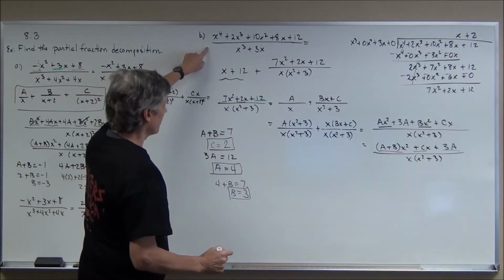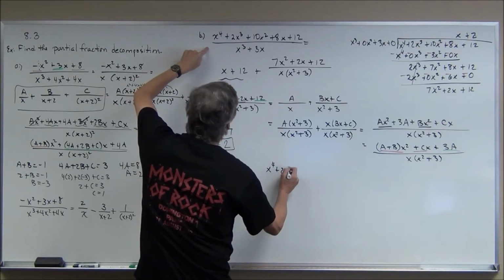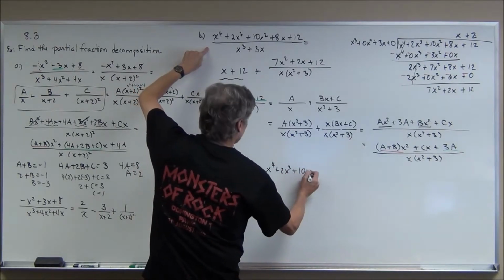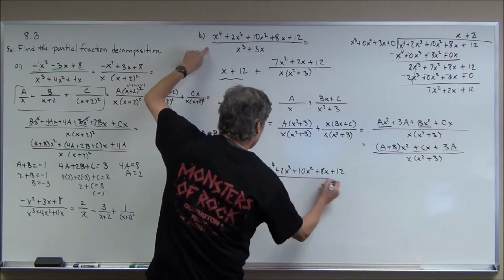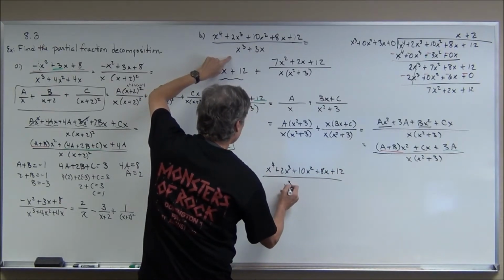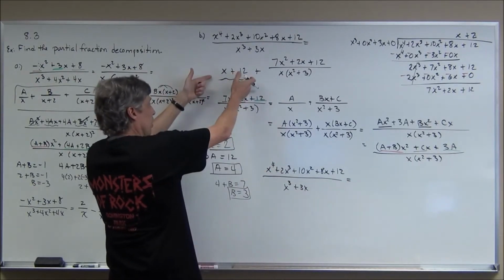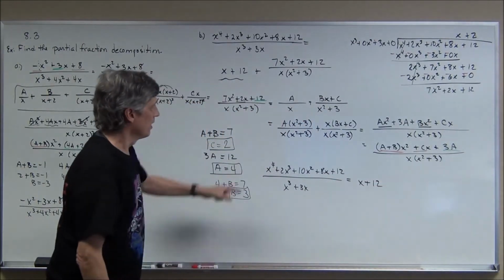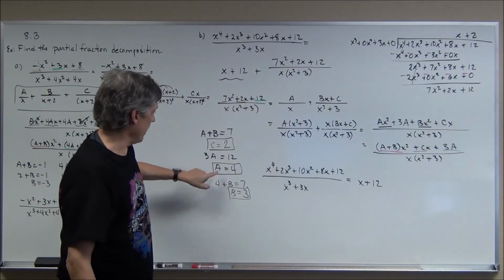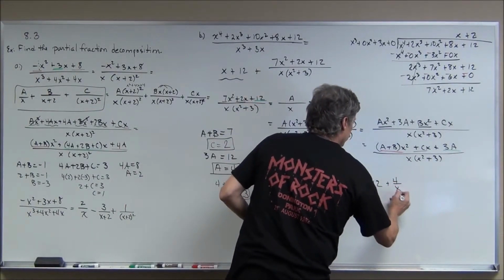So this guy right here takes longer to write it out than it does to work it practically. All over my denominator is equal to the quotient, x plus 12, plus this, where a is 4, so that would be plus 4 over x.